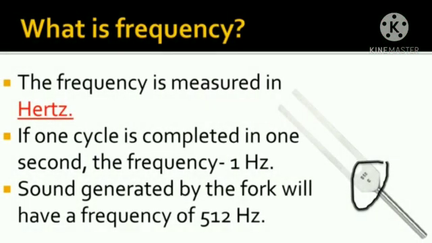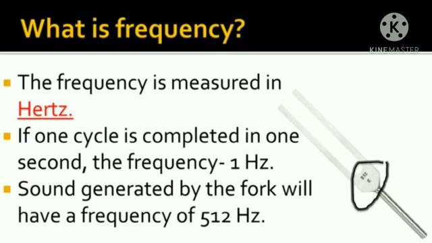The frequency is measured in hertz. If one cycle is completed in 1 second, the frequency is said to be 1 hertz. For example, a tuning fork shows its frequency to be 512 hertz. It means that the fork vibrates 512 times per second, and these vibrations will set up 512 cycles of compression and rarefaction in the air per second.